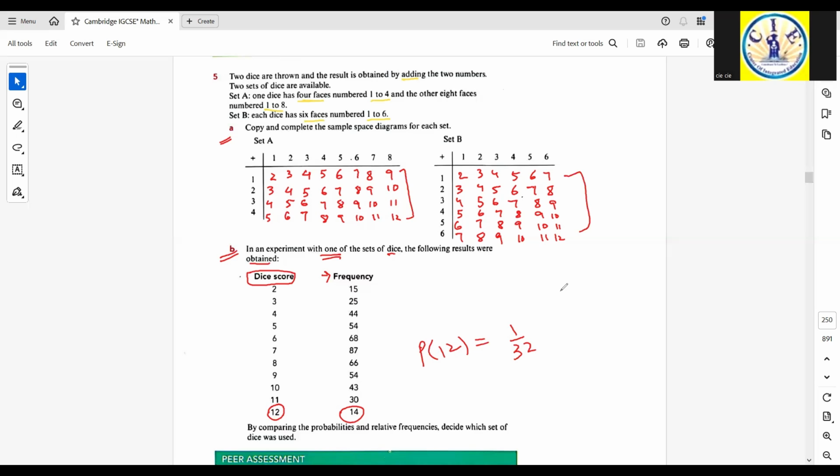And the probability of getting 12 from set B is 1 by 36, because 12 is occurring once out of total 36 chances.